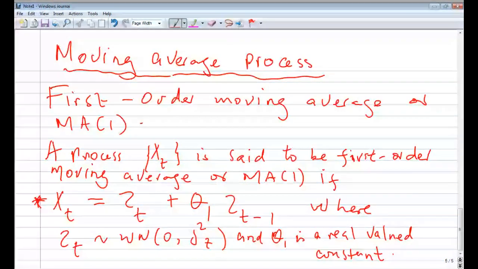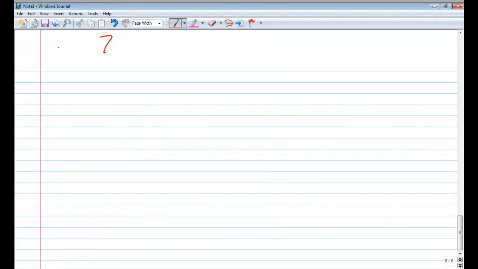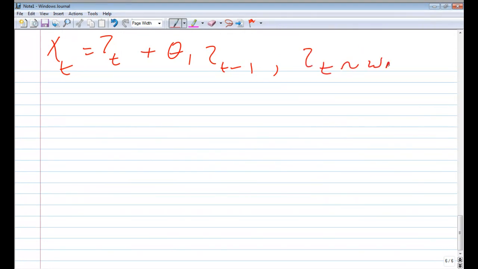Okay, let's consider this first order moving average, xt equal to zt plus theta 1 zt minus 1. And remember zt is a white noise.